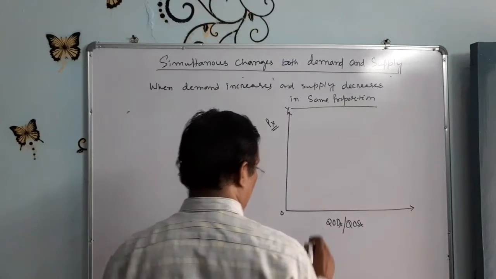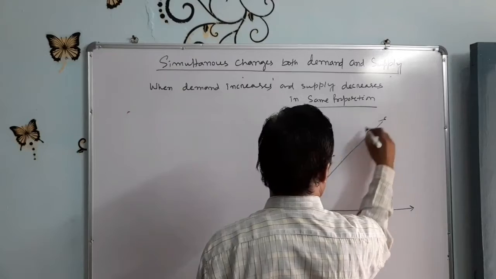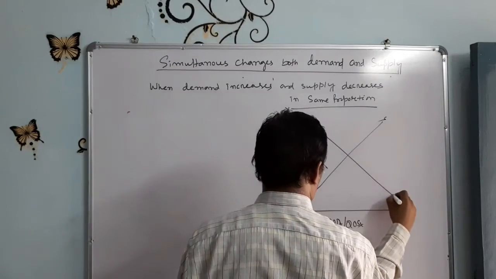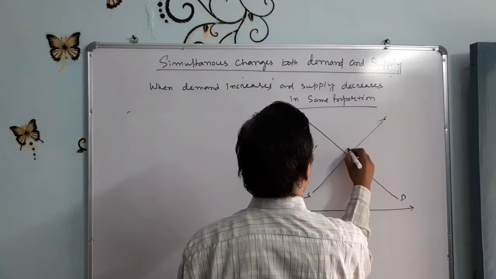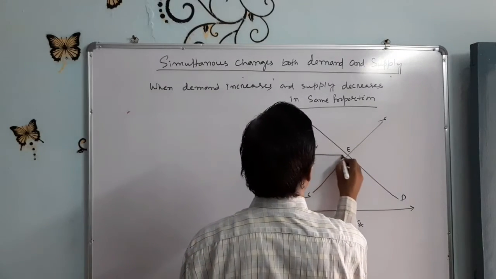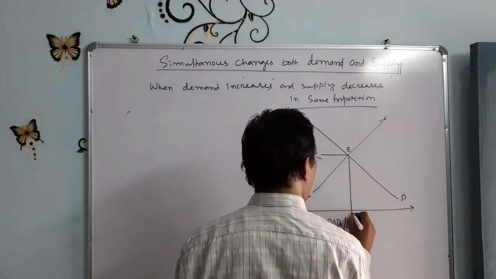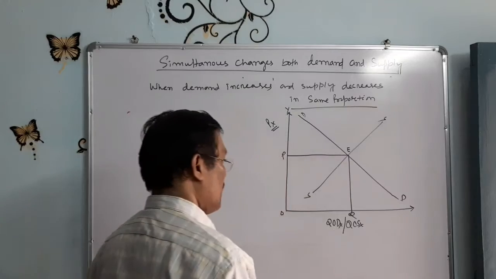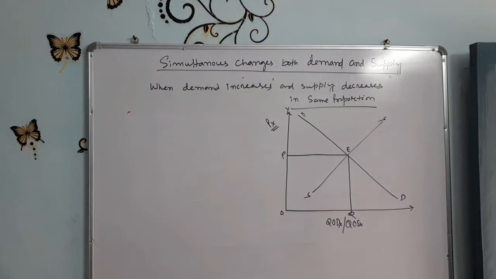And similarly, SS is the supply curve and DD is the demand curve. E is the equilibrium point, OP is the equilibrium price, and OQ is the equilibrium quantity. These are the given. Up to this much it is clear.